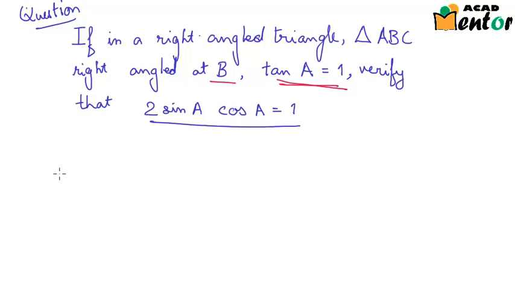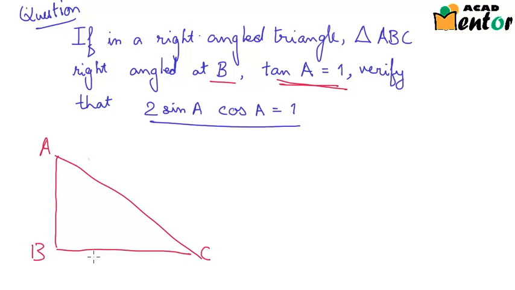Now the first step always is to draw the right angle triangle. Let's draw a right angle triangle. This is triangle ABC, say. Now we know that it is right angled at B, so this will be B, and it's given that tan A, this is angle A, so tan A is equal to 1.